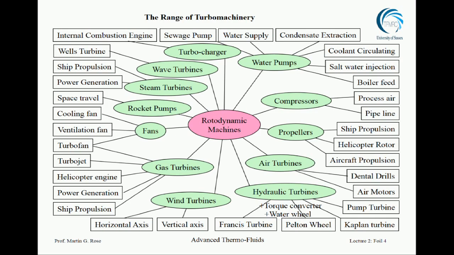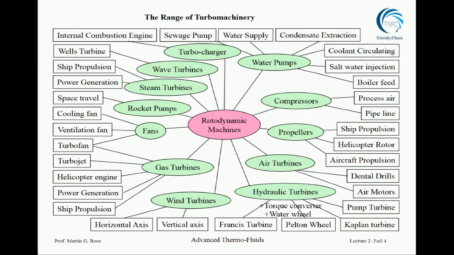Rotor dynamic machines. We have a range of groups of different rotor dynamic machines, which I've done in the green bubbles. We have hydraulic turbines, wind turbines, gas turbines, fans, rocket pumps, steam turbines, wave turbines, turbochargers, water pumps, compressors, propellers, and air turbines.